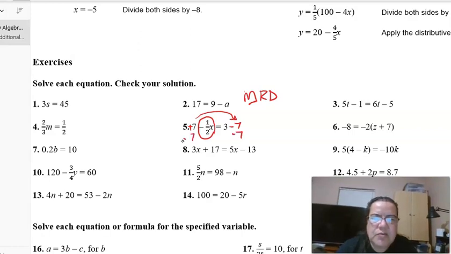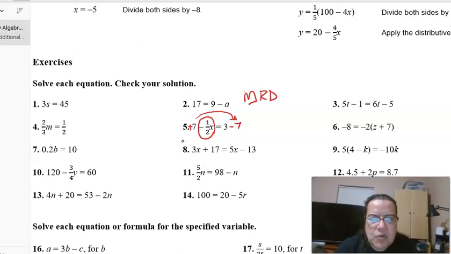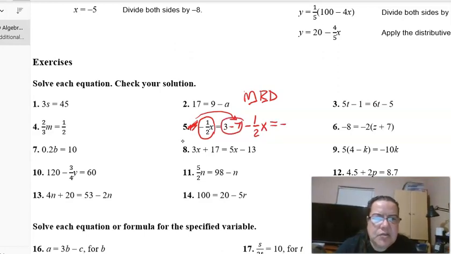Either method that you do will work. I use my Mr. D, so I already moved the 7. And then I rewrite this equation so that it can look pretty. So now the 7 already moved. I have negative 1/2 x is equal to, and I can do this really quick, 3 minus 7 should be negative 4. And so now I just do the last step, which is divide.